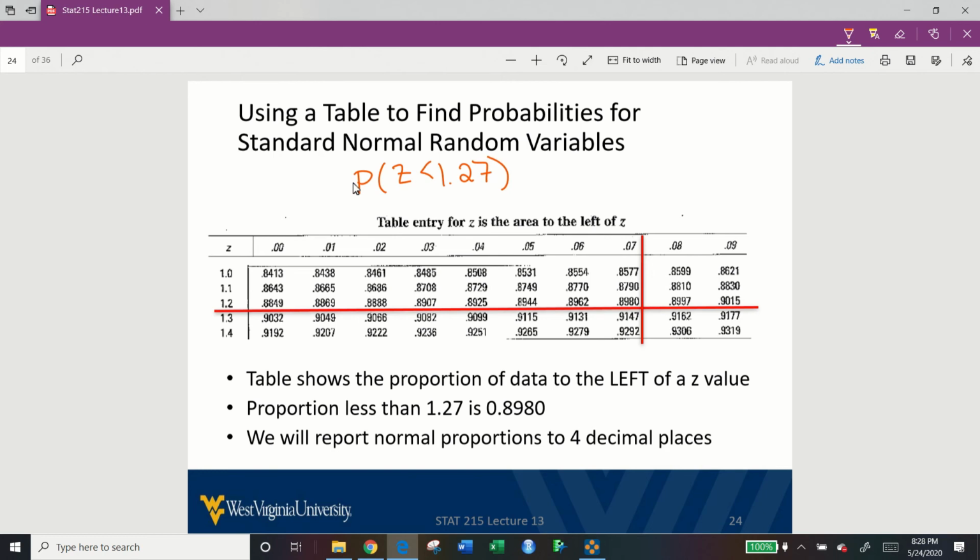Along the y-axis, you're going to be looking for your first two place values, the 1.2. And then along the x-axis at the top is where you're going to find your third place value, or your hundredths place, which is the 7. So using this entry from our Z table, we've got the 1.2 and the 0.07.